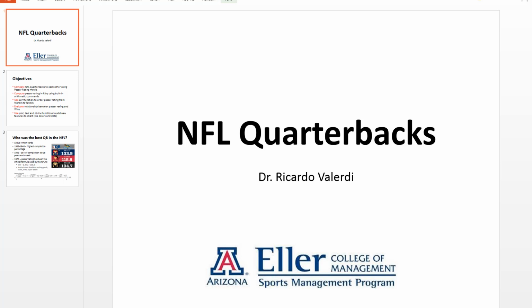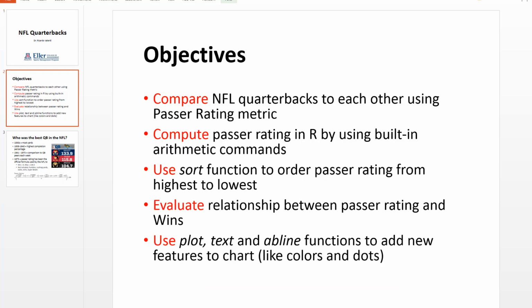In this football analytics video, we're going to explore NFL quarterbacks. In particular, how we determine who the best quarterback is in a given week, in a given season, or in their career. The first step will involve comparing NFL quarterbacks using the passer rating metric, which will be defined next.